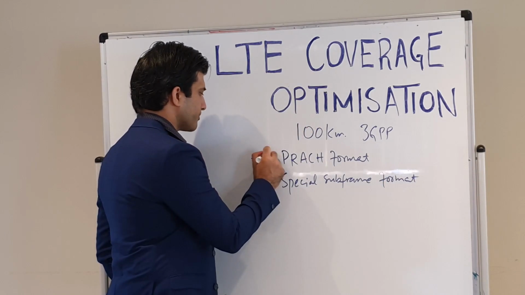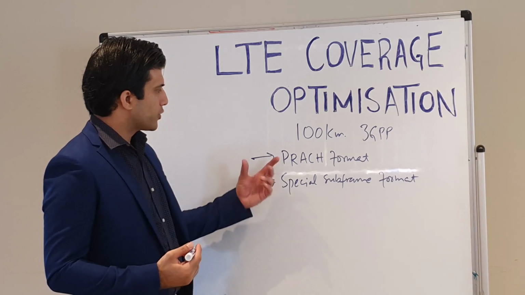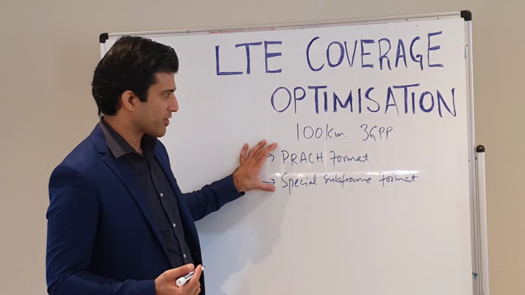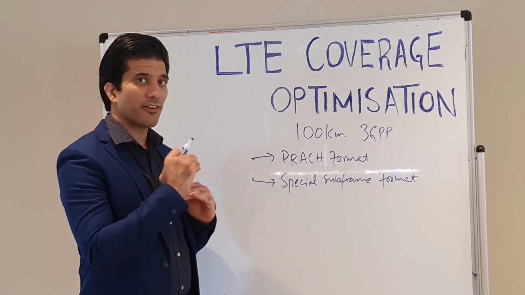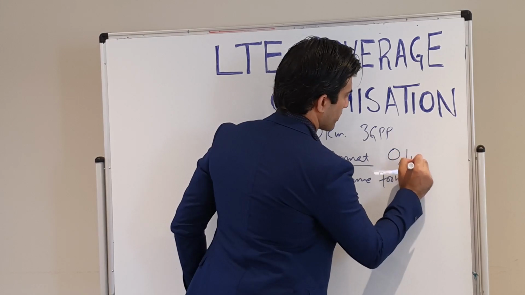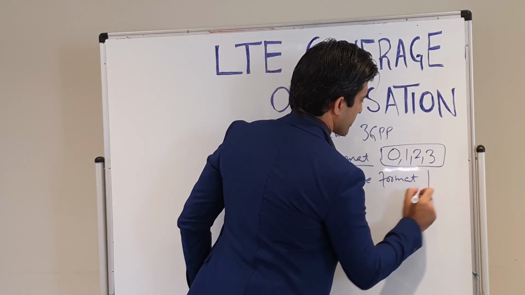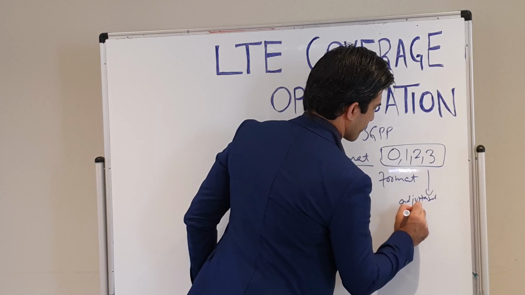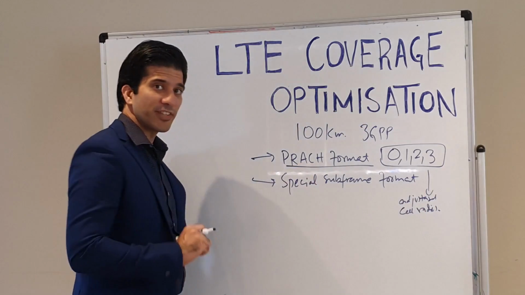So these two, when you are basically designing your network, you will choose a format in combination with PRACH and your special subframe format to provide a particular radius. And for PRACH format, you have 0, 1, 2, and 3, which have adjustable cell radius. So this is how you configure it.